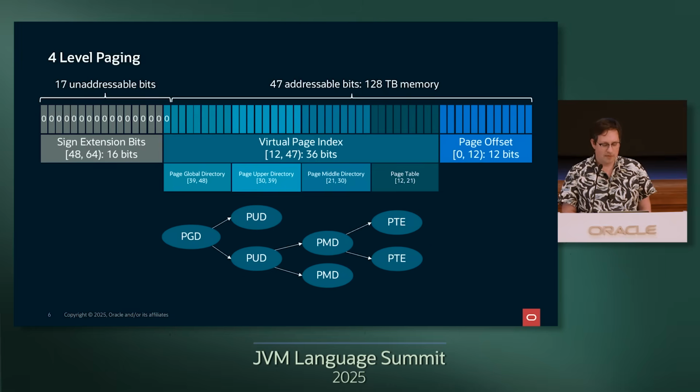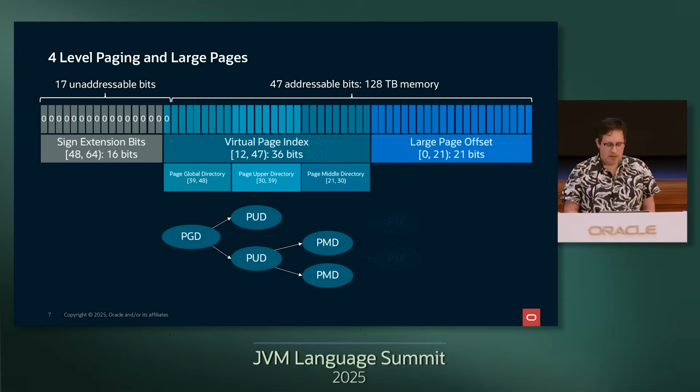At the top level, you have a global directory root node, and there are 9 bits to tell which child in this node to go to. That takes us to a page upper directory node, and another 9 bits gives us the next child, a page middle directory node, and so on to the leaf level page table entries. And that's where we get a mapping to the actual physical page.